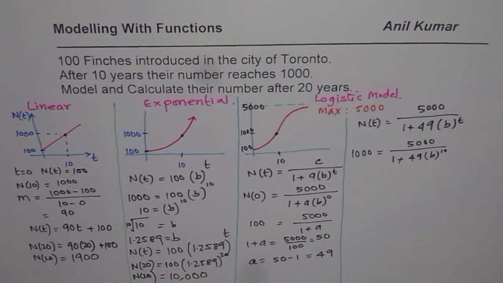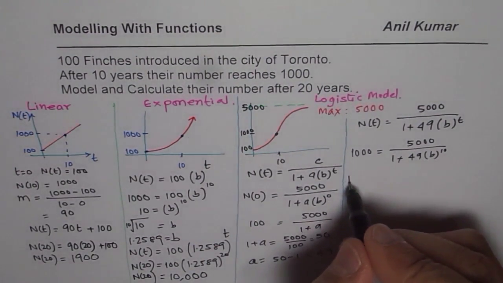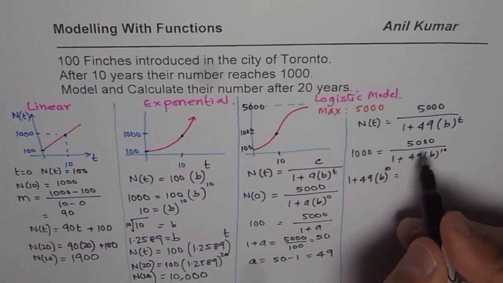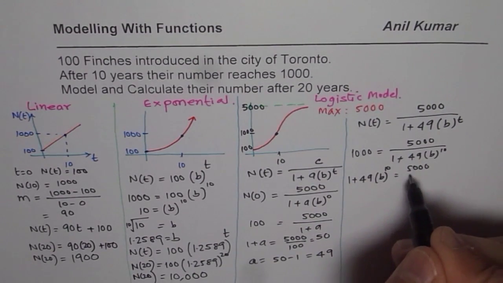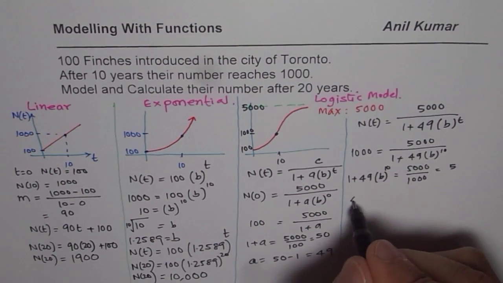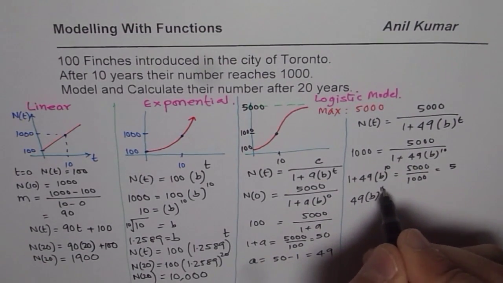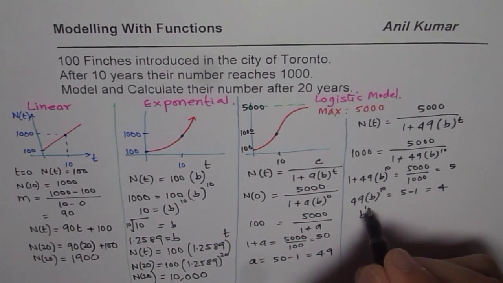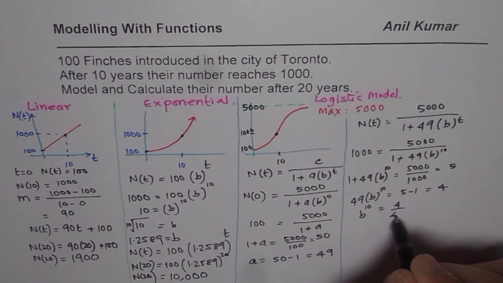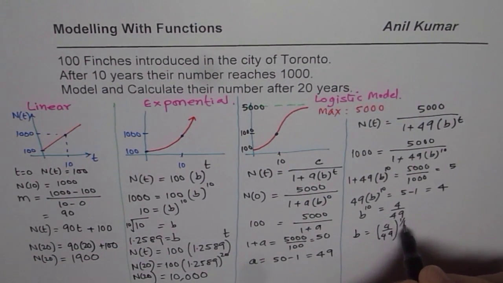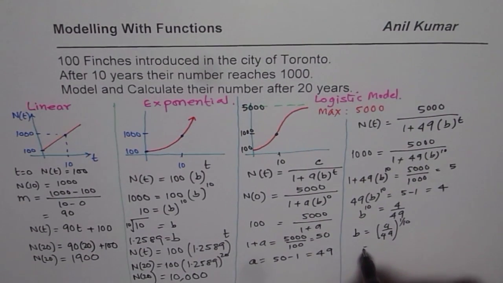When you cross multiply, you get 1 plus 49 B to the power of 10 equals 5,000 divided by 1,000, that is 5. Now 49 B to the power of 10 equals 5 minus 1, which is 4. So B to the power of 10 equals 4 over 49, and B equals 4 over 49 to the power of 1 over 10. So that is what the value of B is.